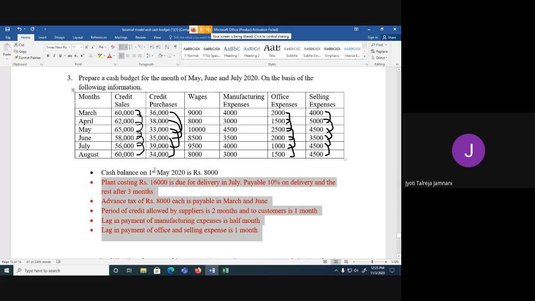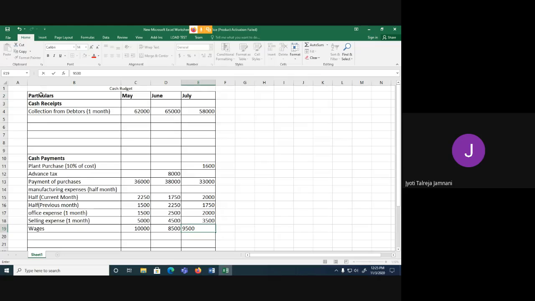Now what we have to do is take the opening balance after finding the surplus or deficit and then find the closing balance. So first we will add it. We call it total of A, that is the total of receipts. The same total will come because there's only one item.